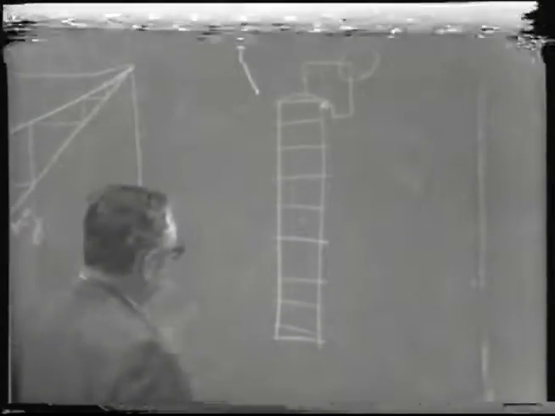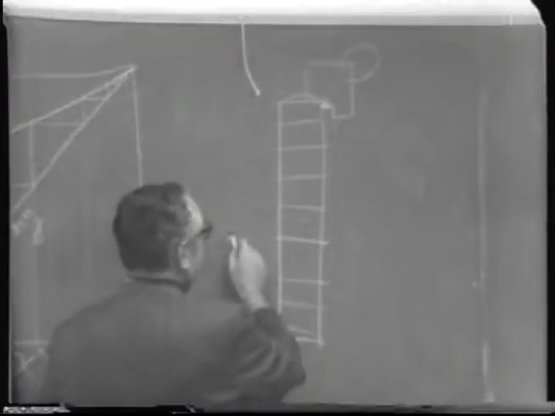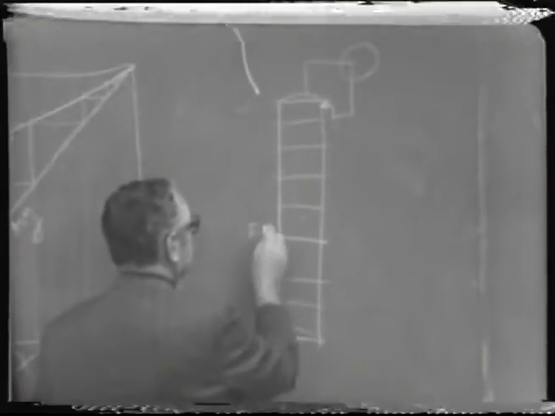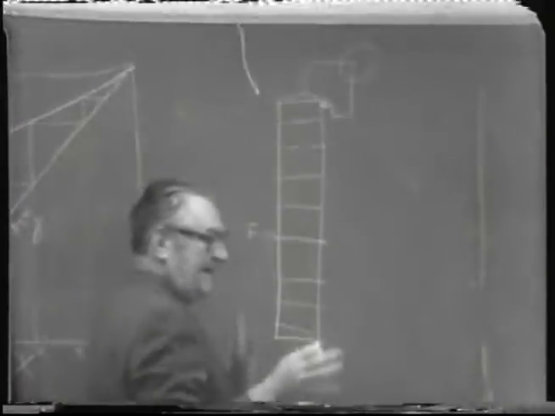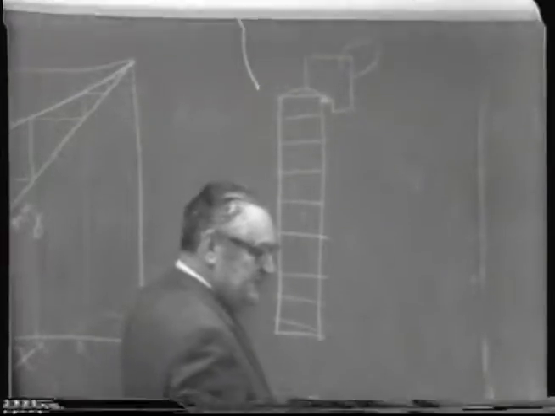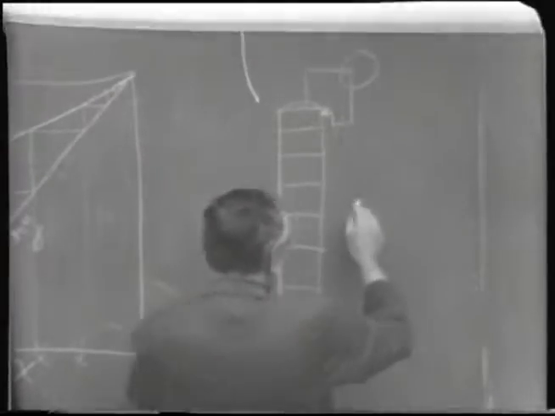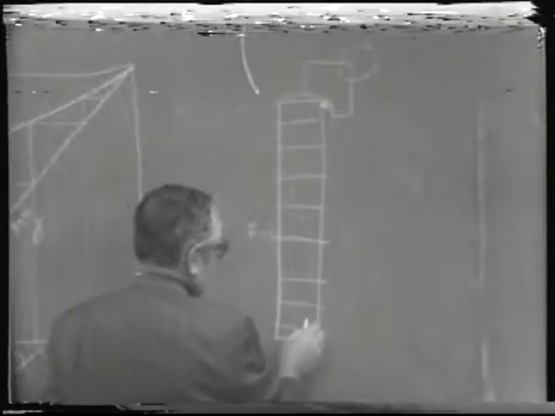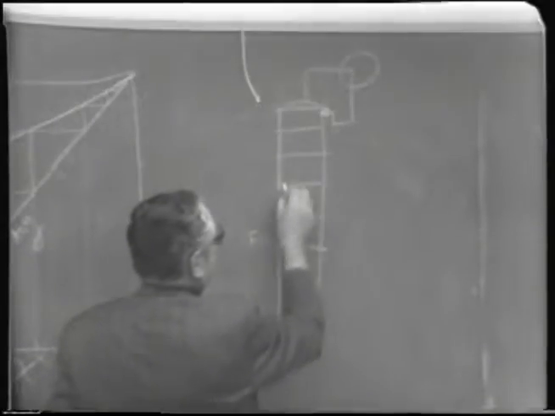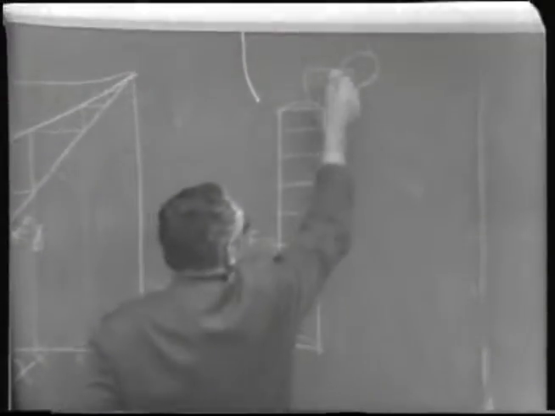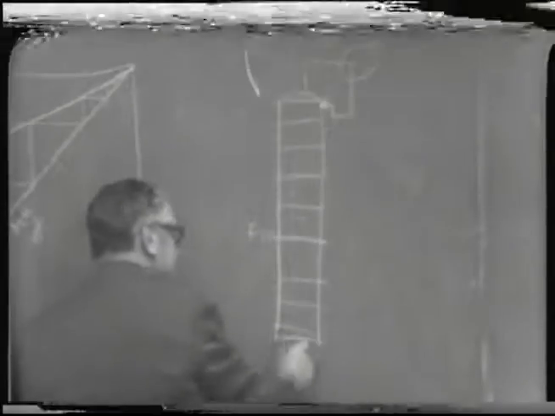This would only apply when we have no feed being introduced. There'd be no change because of feed, and no product being taken out. In other words, if we had a finite value of liquid on these trays, it's boiling and the vapor condensed and running back here.